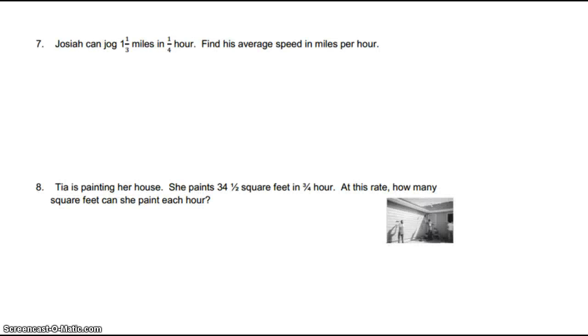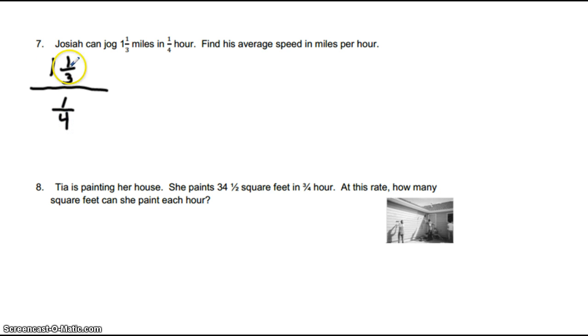Joshua can jog 1 1/3 miles in a quarter hour. Find his average speed in miles per hour. Well, this really is not that difficult. All we're doing is taking Josh's jogging miles, which is 1 1/3, as the numerator, and the denominator is 1/4.